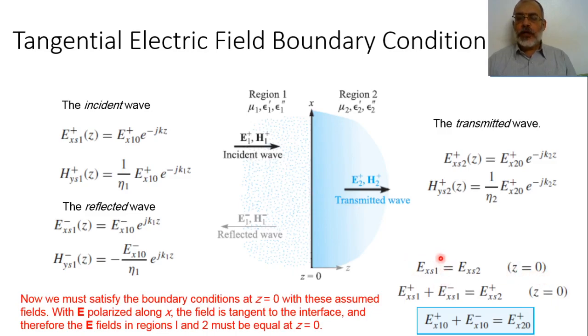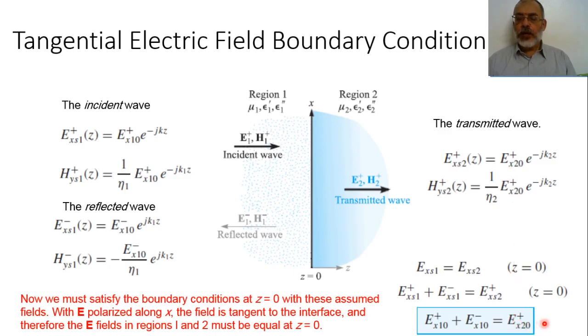The total electric field tangential at the interface at region 1 is Ex10+ plus Ex10-, the amplitude of the incident electric field plus the amplitude of the reflected electric field, which would equal the amplitude of the transmitted electric field. So in this case, Ex10+ plus Ex10- would equal Ex20+.